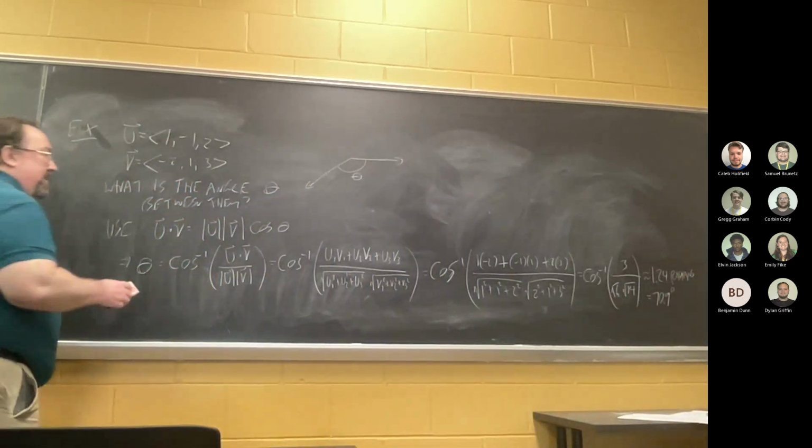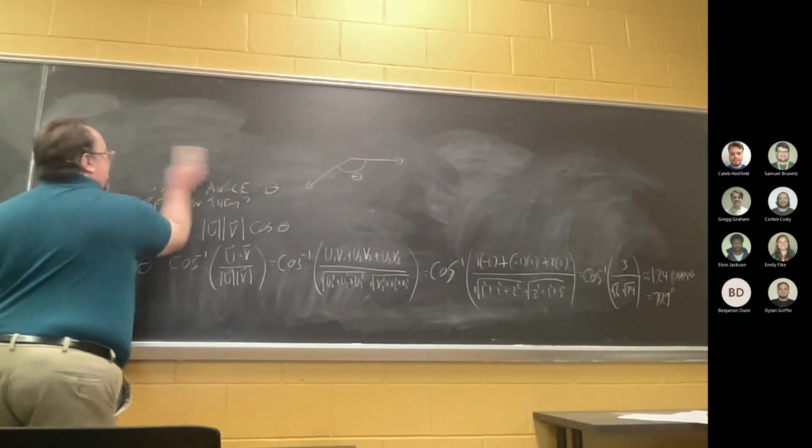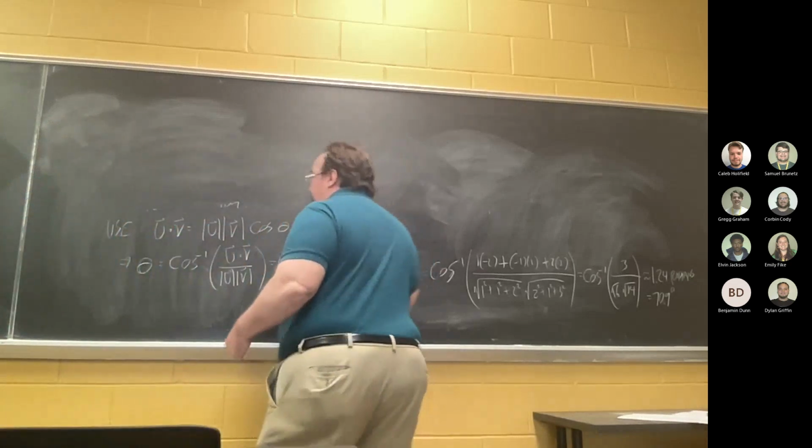Okay, I pretty much guarantee that something like that's going to be a final exam question. If you're only going to ask one question about a dot product, that'll be it.